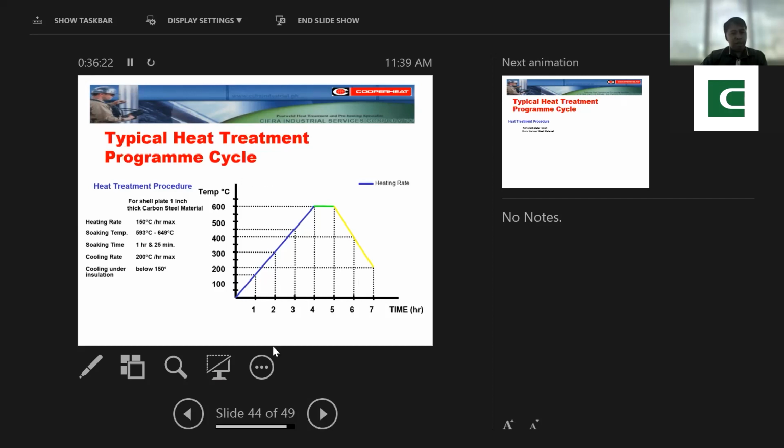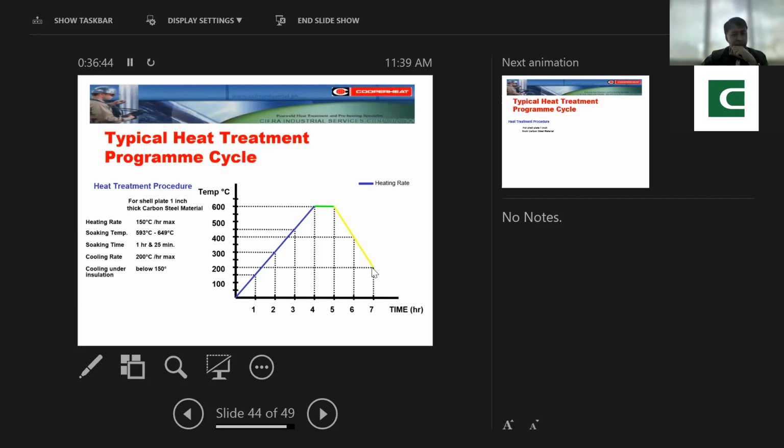So this is the time temperature graph of the complete heat treatment procedure with 150 degrees centigrade per hour. So ang ating heating rate inabot ng 4 hours. Ang ating soaking at 600, dapat yan 1 hour and 25 minutes.